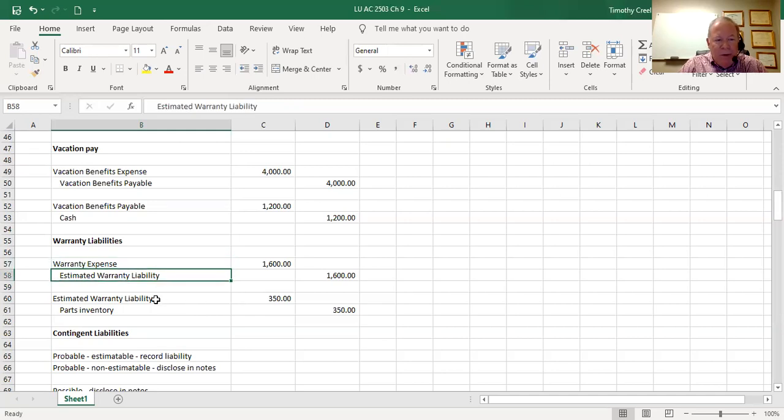Then whenever the customer comes in and their product needs to be fixed under warranty, they would take it out of the estimated warranty liability by debiting it, and they would credit whatever expense was related to that, if it would be parts that they had to replace or labor costs that they incurred.